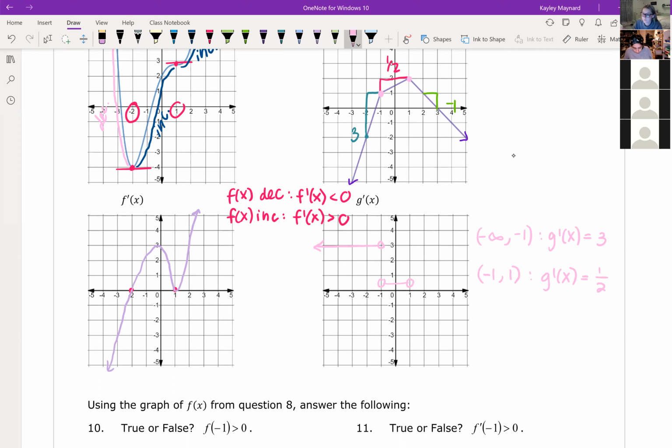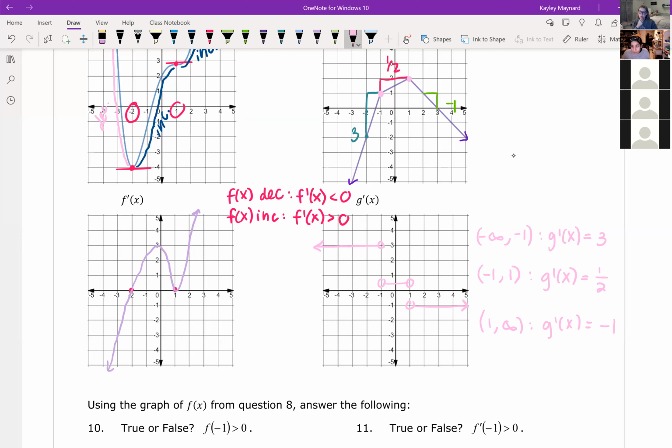That might help you graph it a little better. And then from 1 to infinity, g prime of x is -1. So maybe that would help you translate the points to a graph a little better. So for this last segment, we've got that.